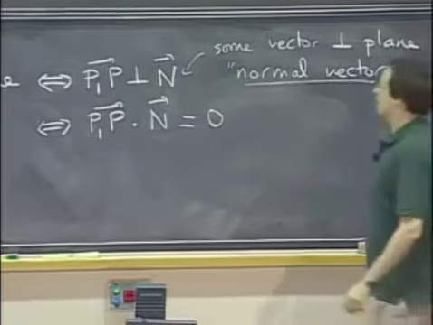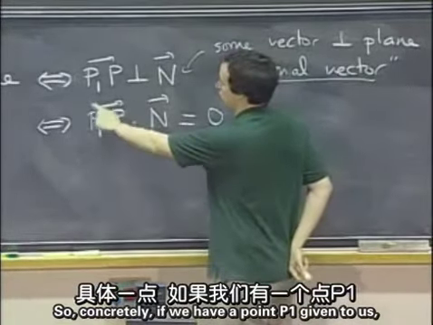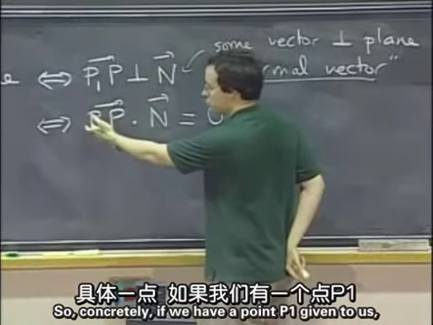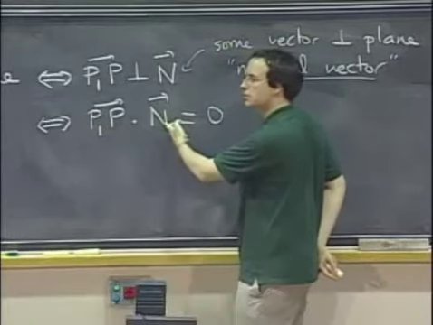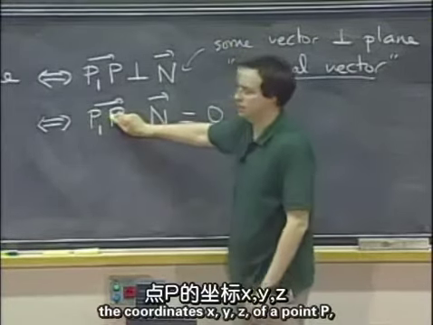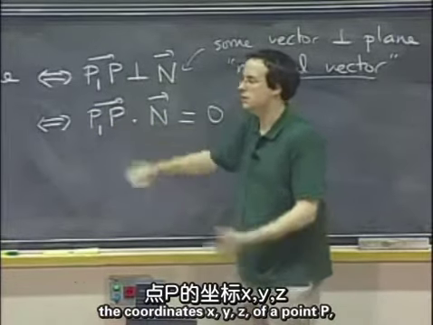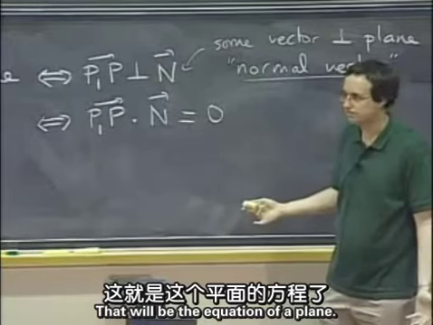And so now, concretely, if we have a point P1 given to us, and say we have been able to compute the vector n, then when we actually compute what happens, here we will have the coordinates x, y, z of a point P, and we'll get some condition on x, y, z. That will be the equation of a plane again.